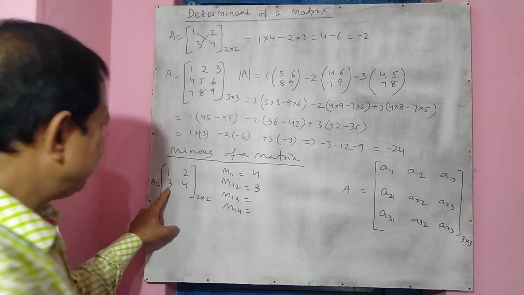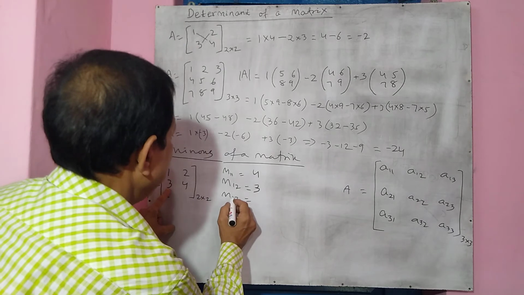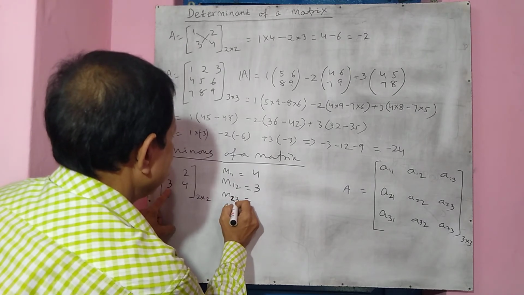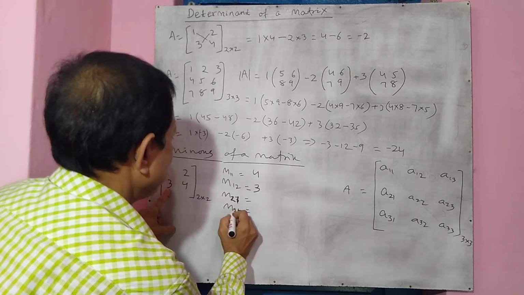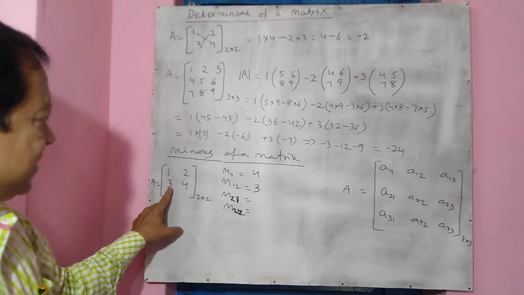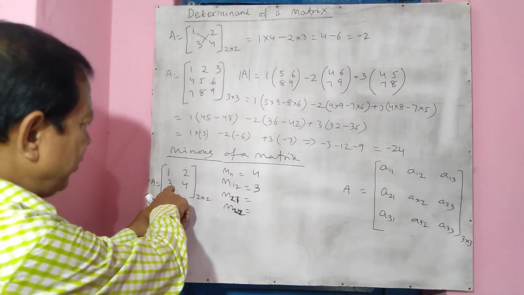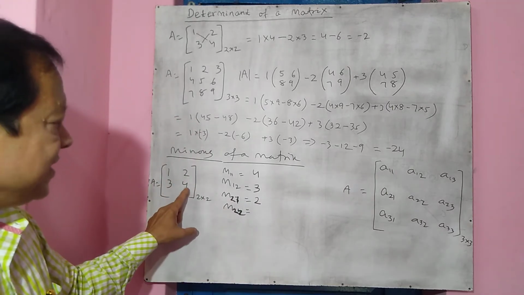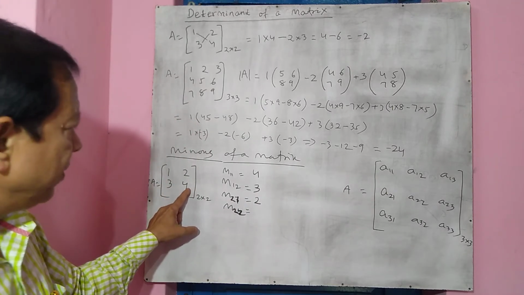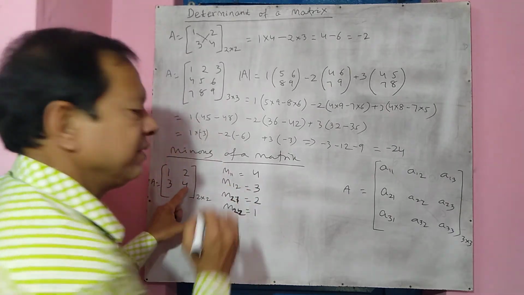Similarly M21, M22. M21 means second row and first column, here its minor is 2. And this is the 4, second row second column. This 4's minor is 1.